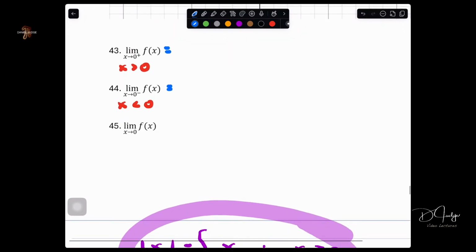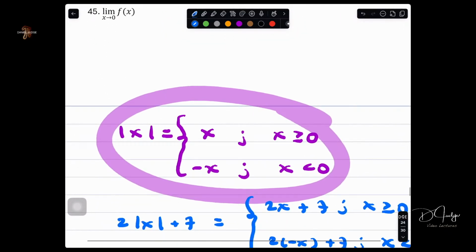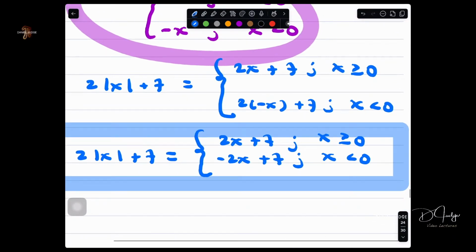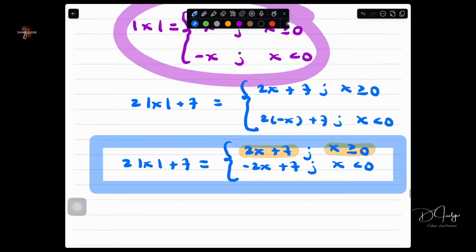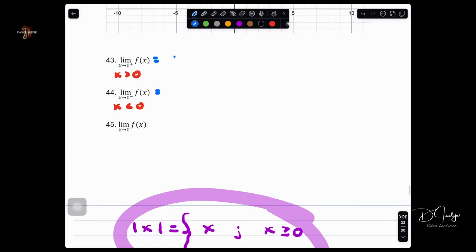X goes to 0 from the right. When x is greater than 0, we use the top piece. So just plug in 0 here for x. And you'll get 2 times 0 plus 7, which is the value 7.